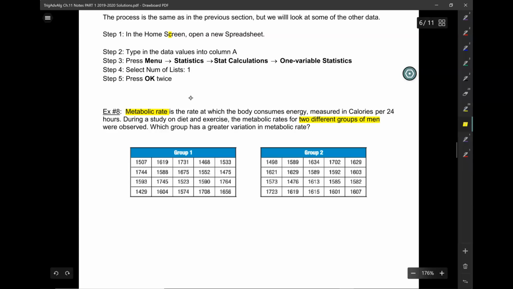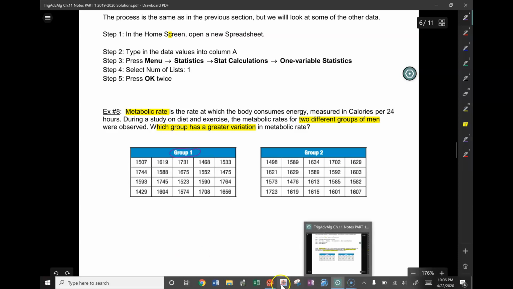Which group has a greater variation in metabolic rate? So what we're going to do is put group 1 in the first column.